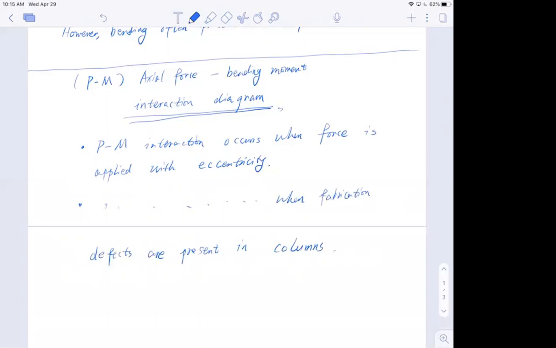Okay, now these two reasons are actually the same thing.